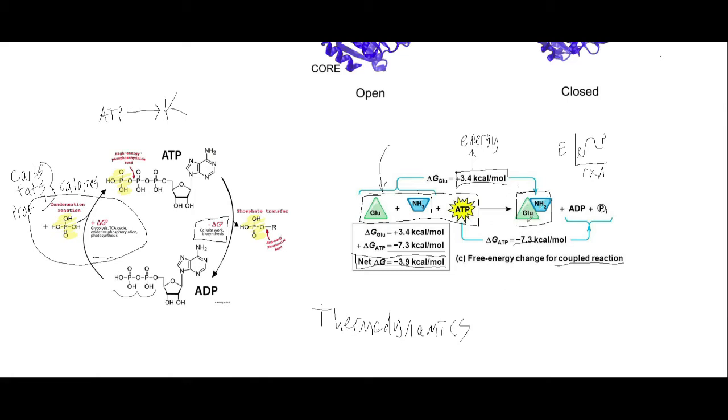And so we'll run into this a lot, because there are a lot of enzymatic reactions that require ATP, because it's a reaction that is energetically or thermodynamically unfavorable, and so we use ATP to perform those reactions.